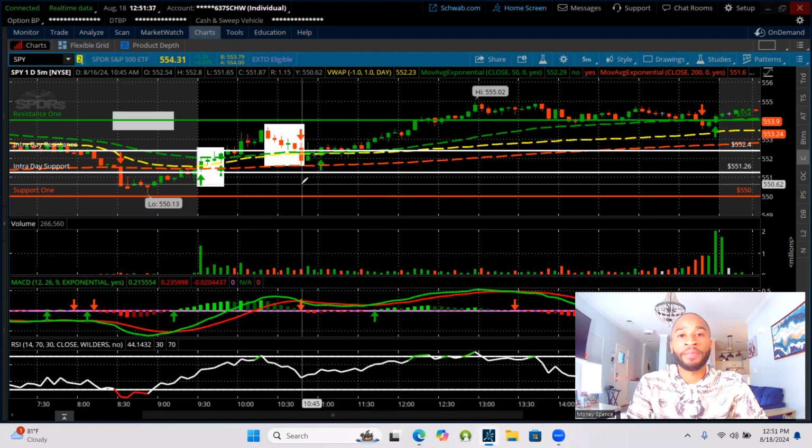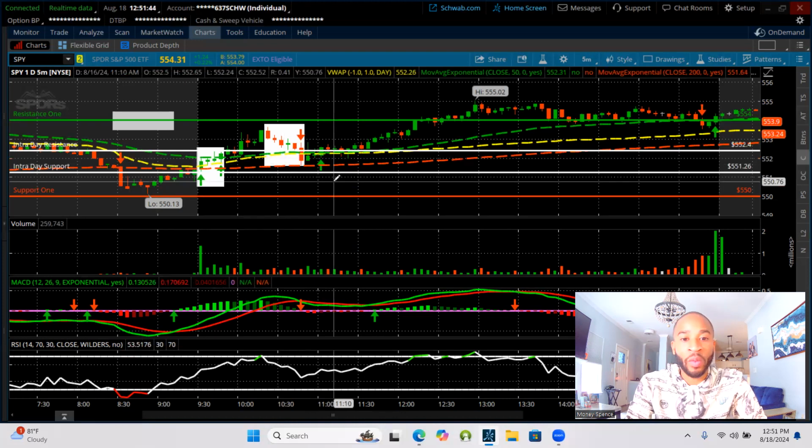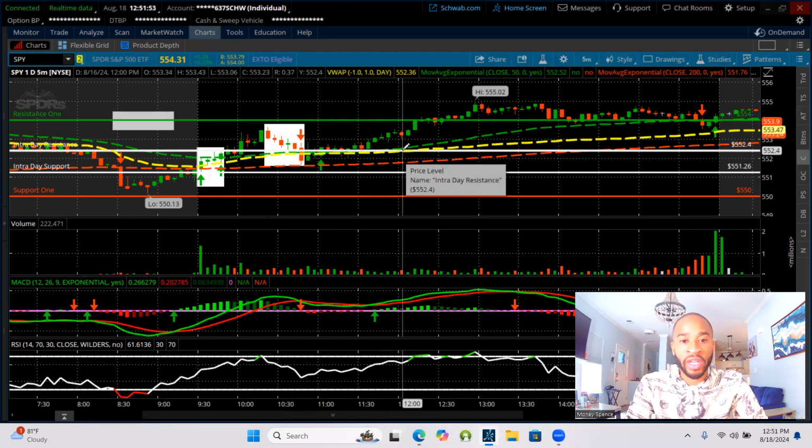So that was giving us confirmation that we wanted to go higher once we broke above our EMAs and VWAP. VWAP is our yellow line, and the EMAs are our green and red lines. I'm currently utilizing the 50 and the 200 EMA.